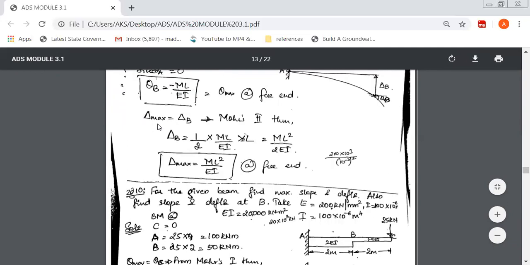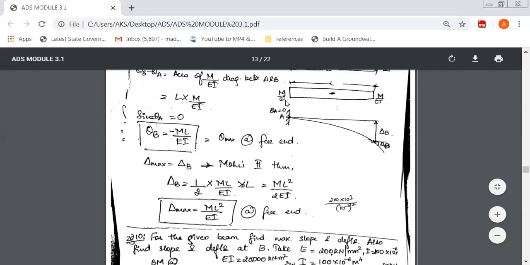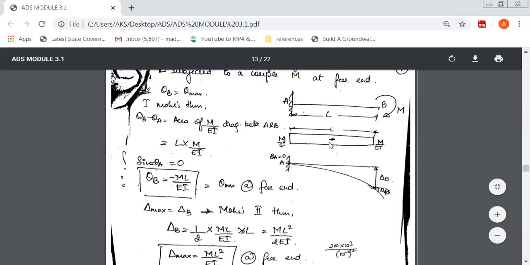Next, delta B, delta max or delta B, apply Mohr's second theorem. The second theorem is again, now see here, this is a rectangle. The area of the rectangle you have already found out here, that is ML over EI is the area.